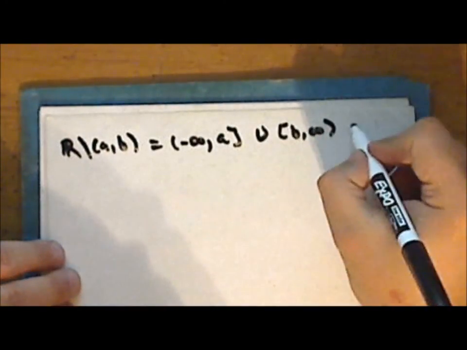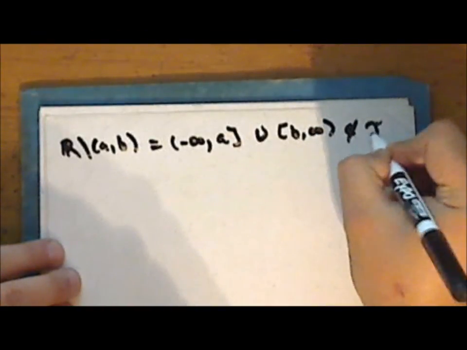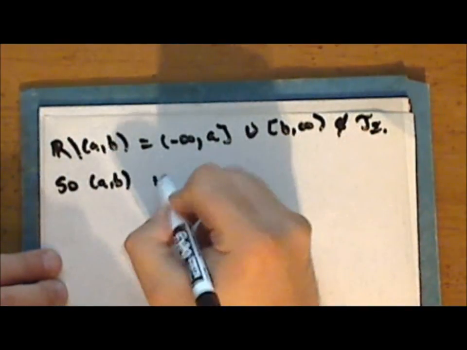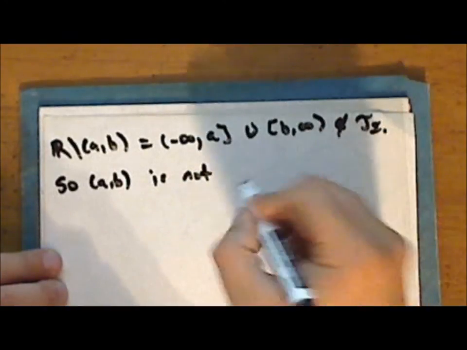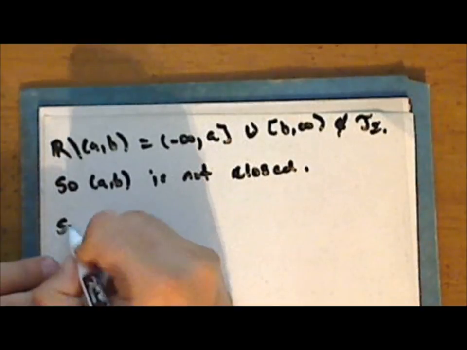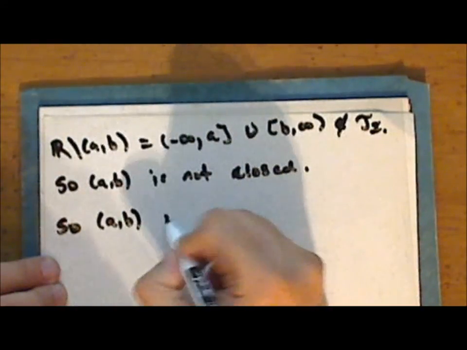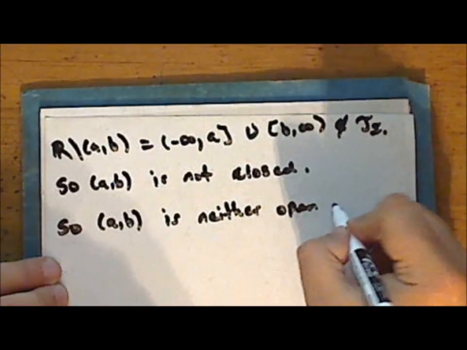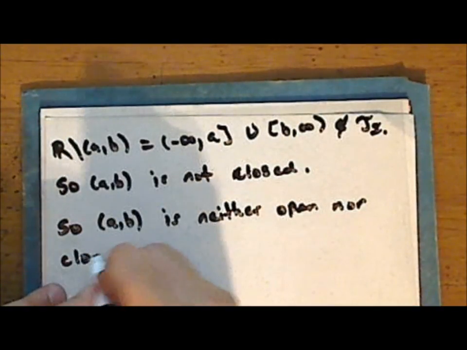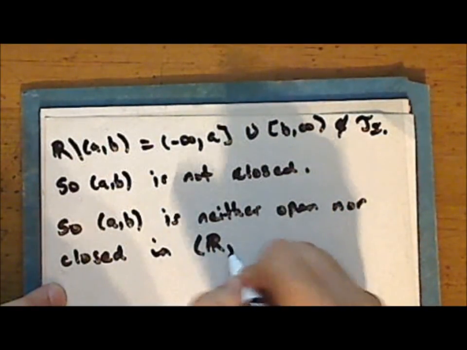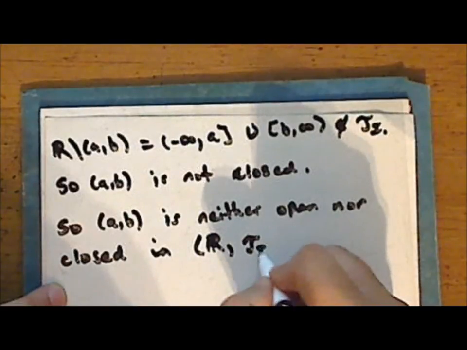And also this set is not in the topology, and so the interval from A to B is not closed since its complement is not open. And so the interval from A to B is neither open nor closed in the space consisting of the set of reals with the indiscrete or trivial topology.